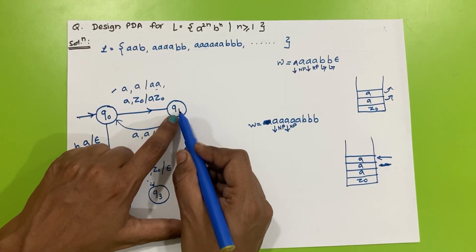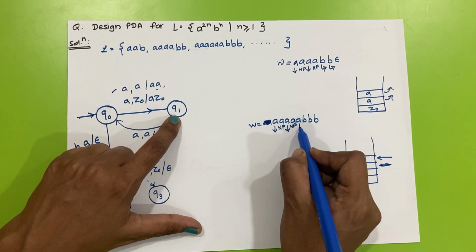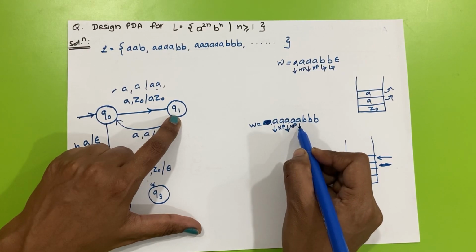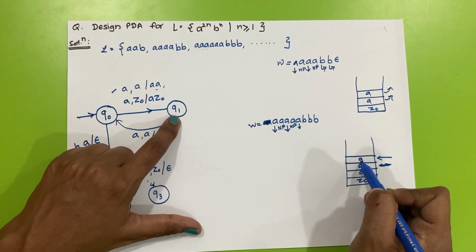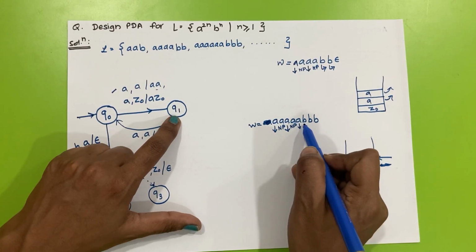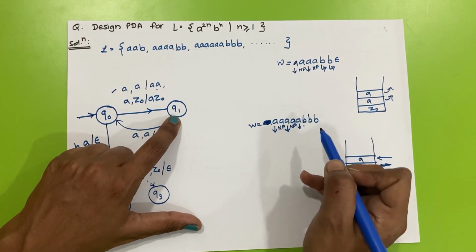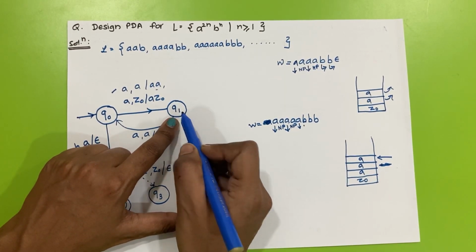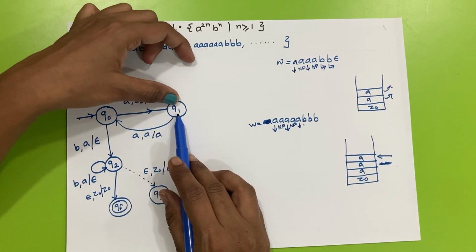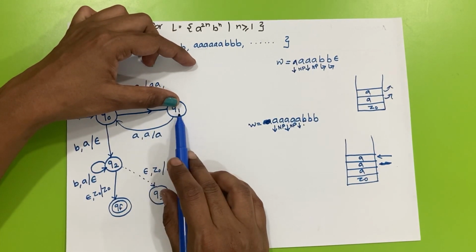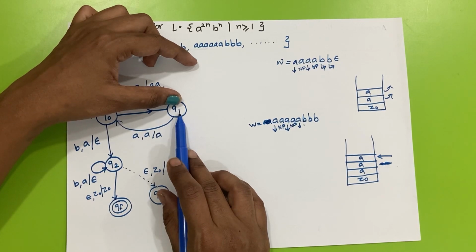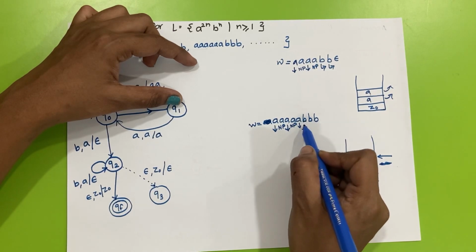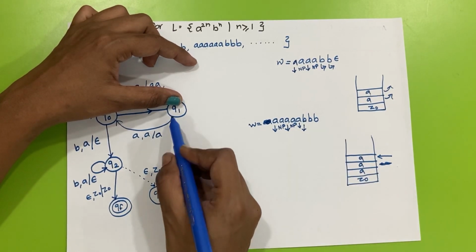Now we are at state q1 and the next input symbol is b, because the fifth a is already pushed onto the stack. The next input symbol is b, the top of stack is a, and we are at state q1. There is no transition that defines this situation.